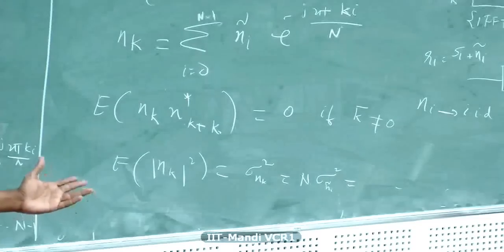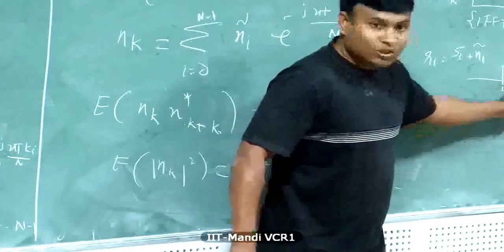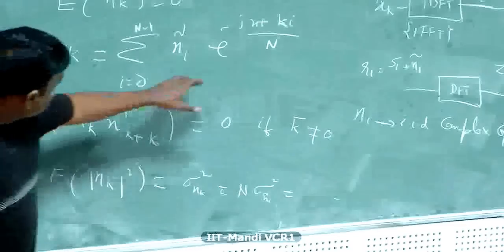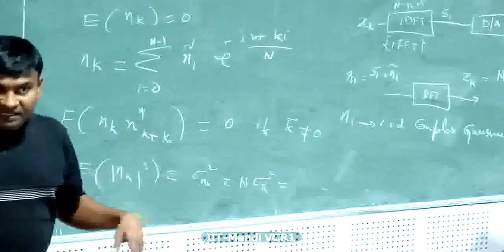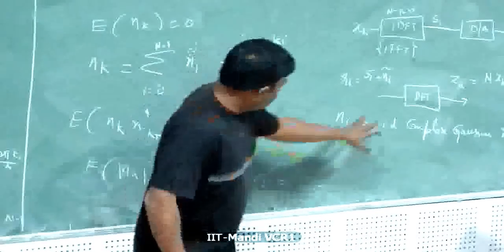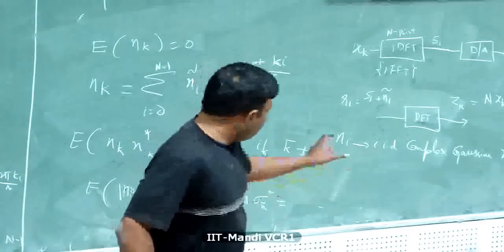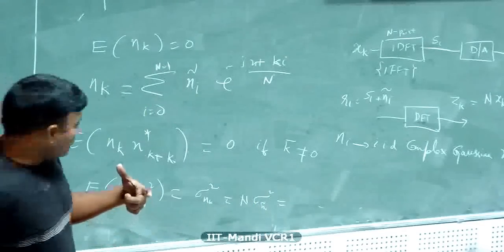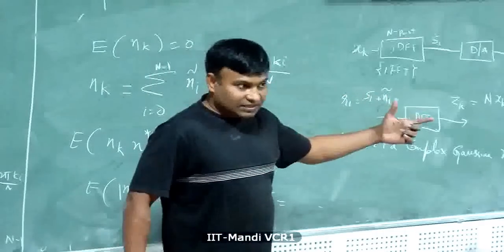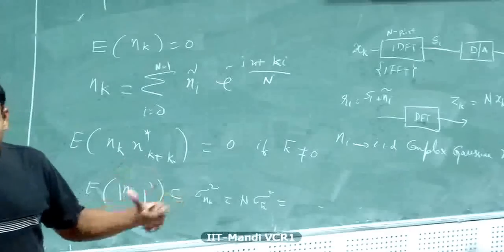What does this mean? Well, we have N tilde I, which are IID complex Gaussian random variables. It goes through a DFT, and DFTs are orthonormal vectors. I'll show that in a moment. If you take a collection of N tilde I's and put them in a vector form, and pass them through an orthonormal transformation, complex Gaussian IIDs passed through an orthonormal transformation give you yet another set.